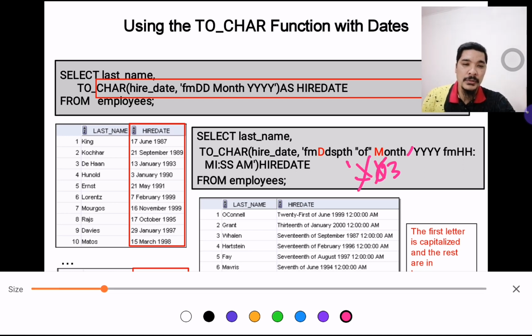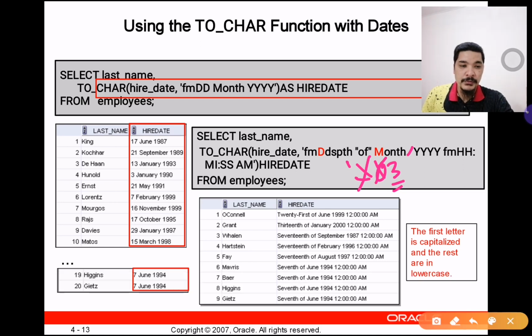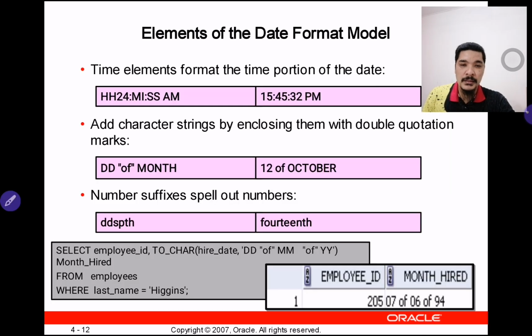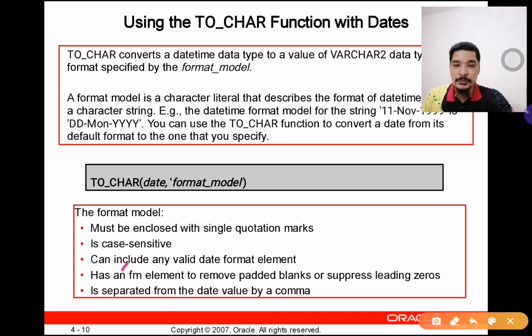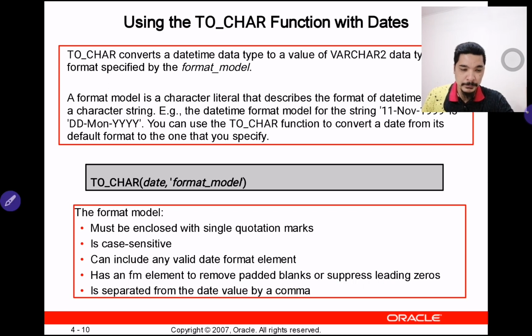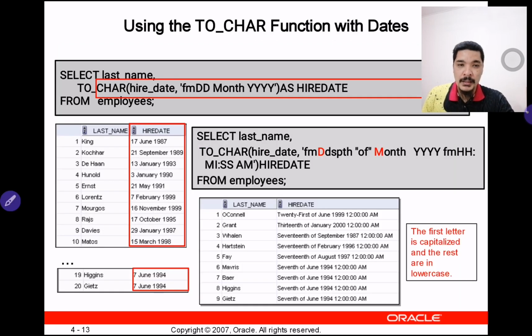So the result is only 3. So there are 2 definitions here for the FM: suppresses leading zero, and also removes padded blank. Please bear in mind these 2 definitions of the FM. Okay, move to the next one.